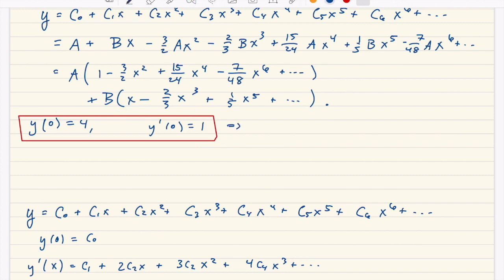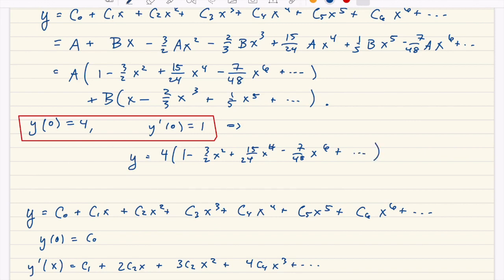This means that really our solution is going to be, if a is 4, we're going to get 4 times the quantity 1 minus 3/2 x squared plus 15 over 24 x to the fourth minus 7 over 48 x to the sixth, and so on.